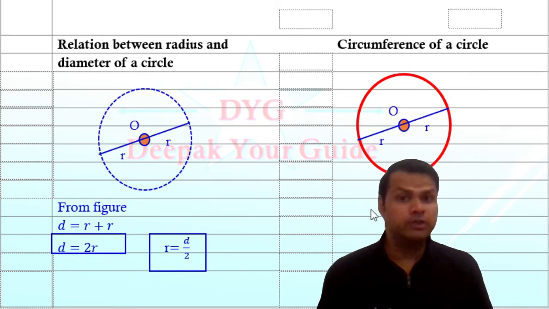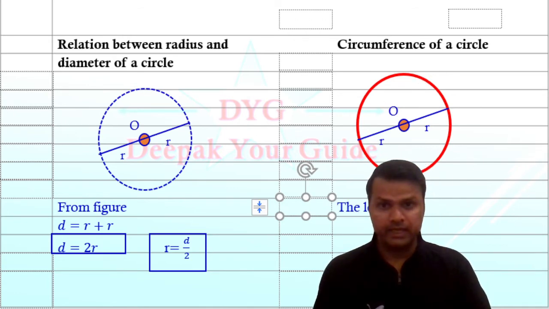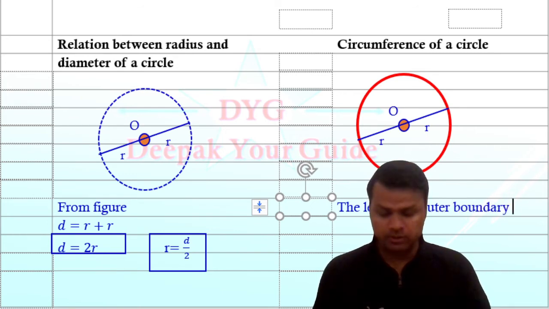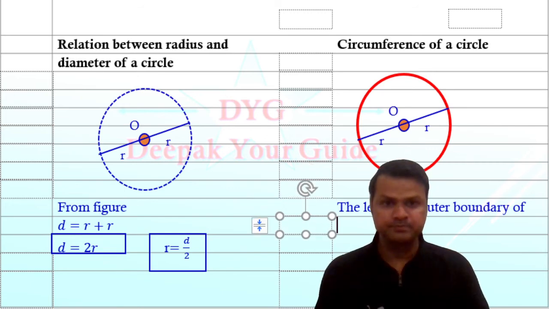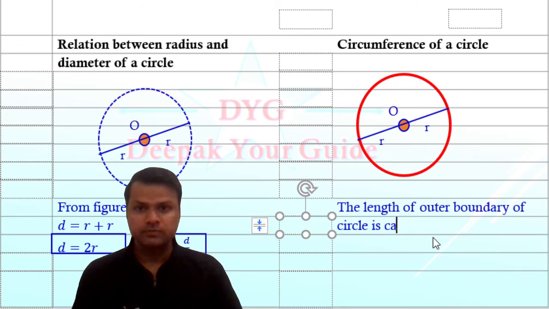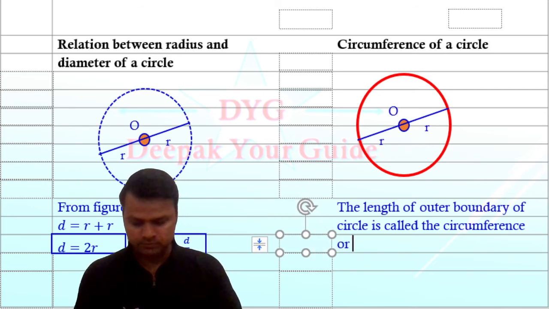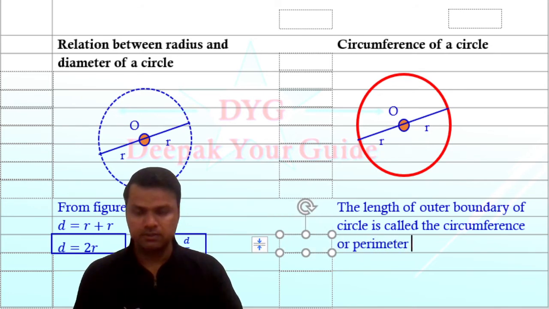Sometimes you may find the word perimeter also. So the length of the outer boundary of the circle is called the circumference or perimeter of the circle.